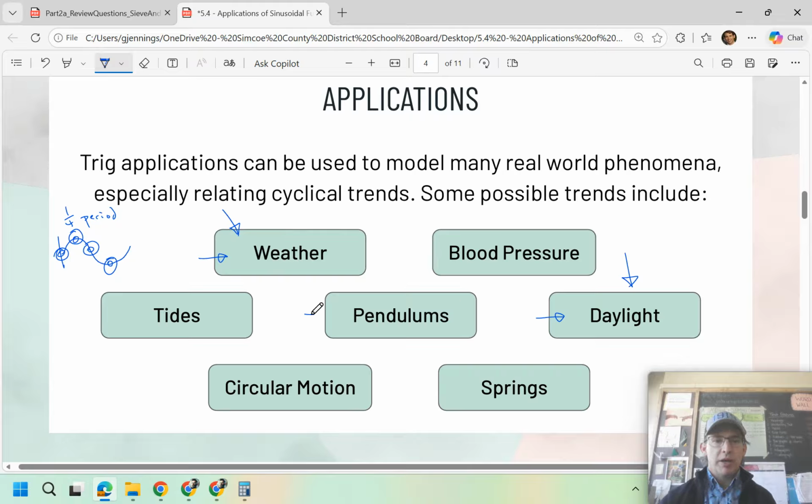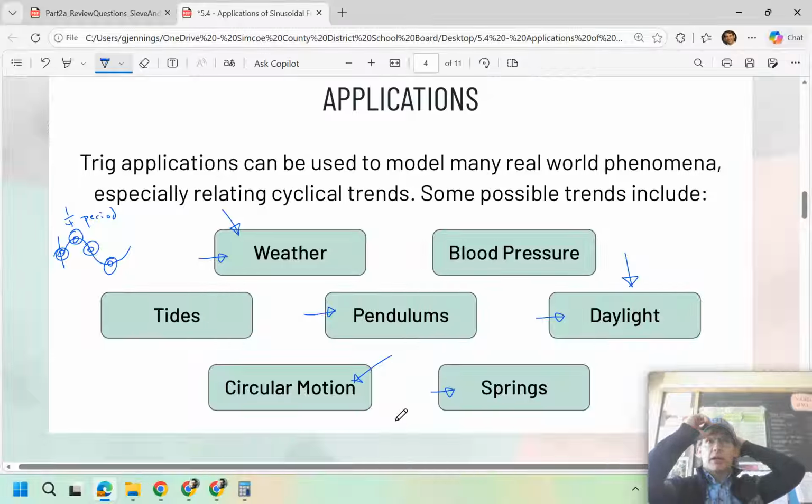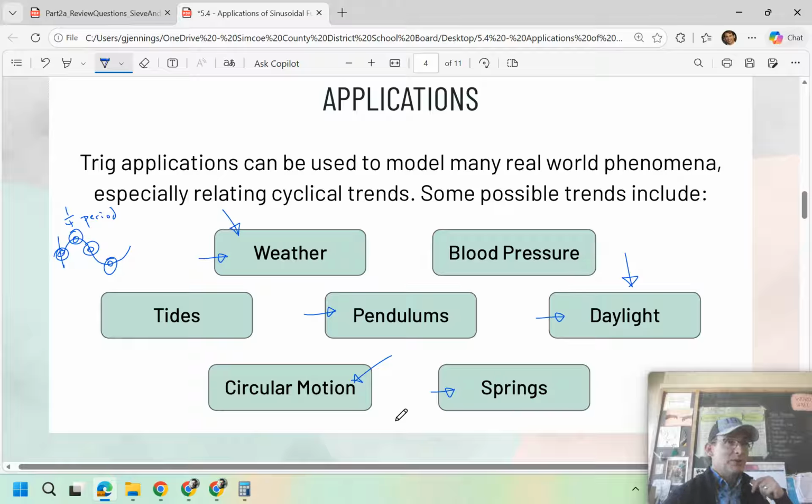The motions of pendulums or springs or things that go back and forth can be modeled with periodic functions. Anything that's moving in a circle, which could be from the atomic to the astronomic to the Ferris wheel. We're going to look at Ferris wheels today, everybody. Hey, Ferris wheel's my favorite.